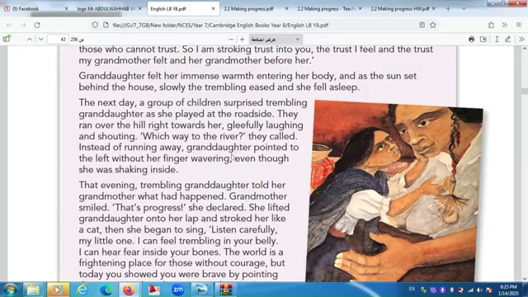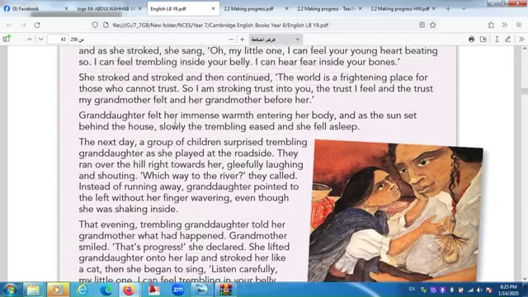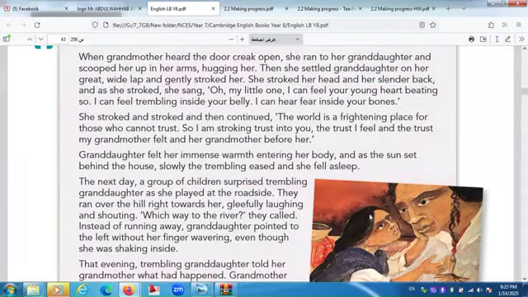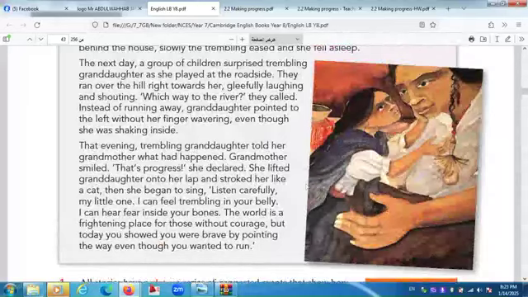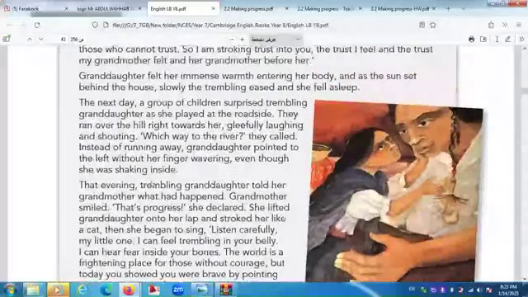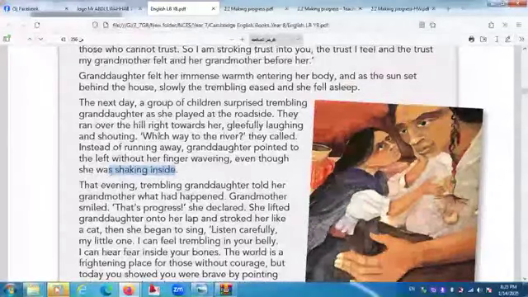She was so afraid. But in this extract, we feel that she is becoming stronger. Although she is shaking from inside, she did it.